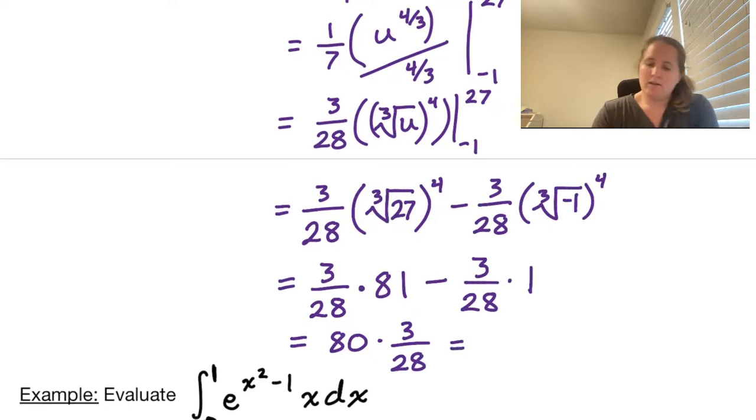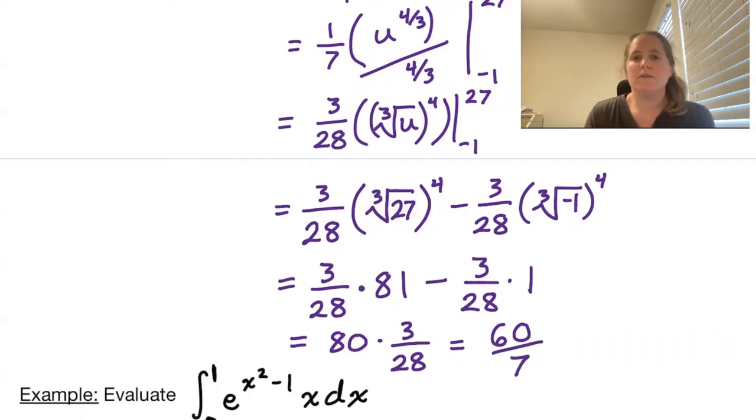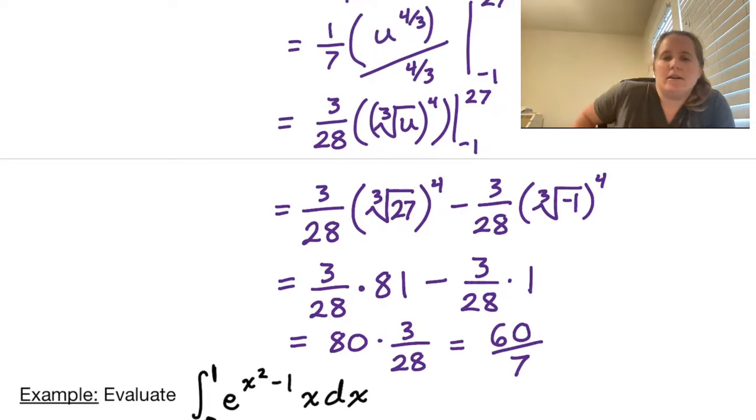Or if we divide by 4, that's 20 times 3/7, or 60/7. So assuming I did not make a little arithmetic error at the end, this is our definite integral.